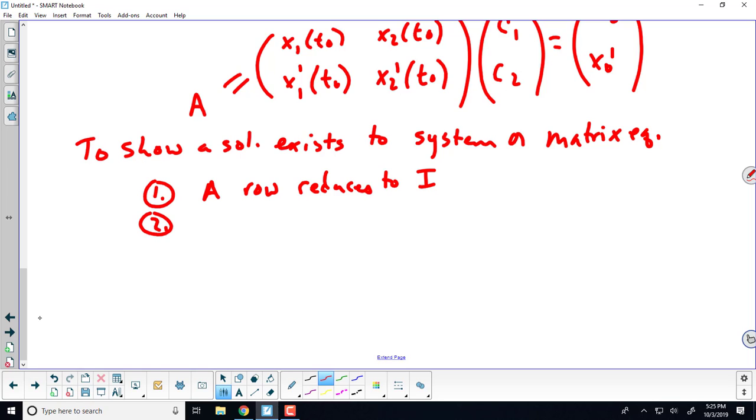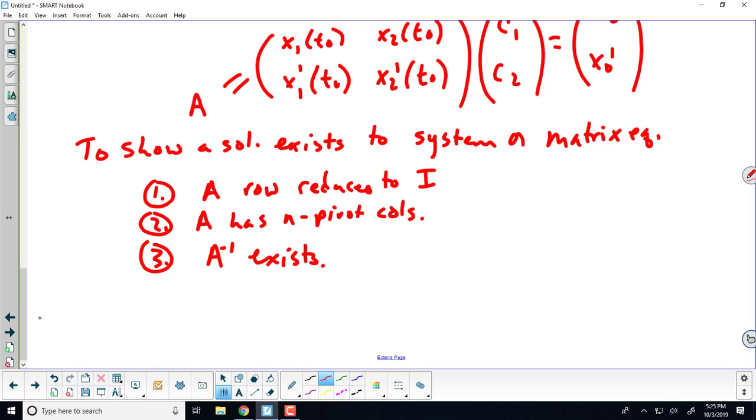I could show that A has n pivot columns. I could show that A inverse exists. And there's one other one that's probably going to be the best choice in this context. There are several other ones we could still do, but I'm not going to list any more than number 4. What's one other thing we could do?